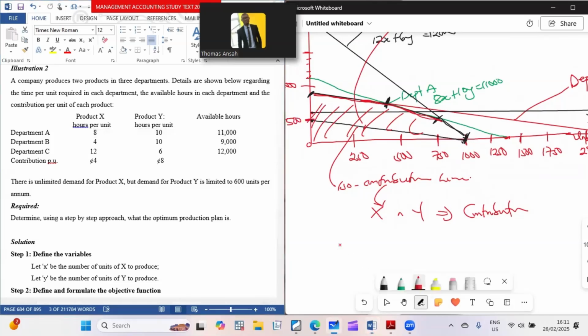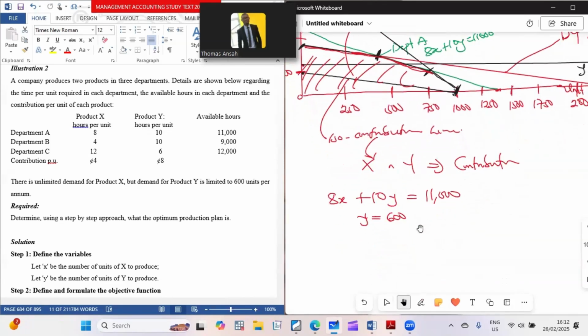So 8x plus 10y is equal to 11,000. And you know that y was given; the demand of product y is limited to 600. So you know that your y is limited to 600. That is the straight line that we drew. So we didn't have anything for x to draw.